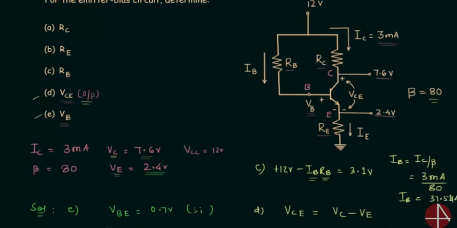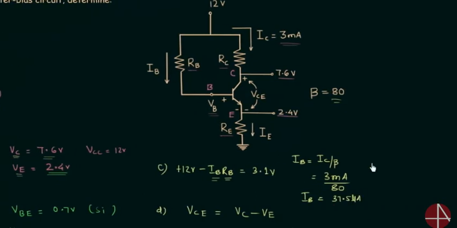Now we can calculate the resistance RB. RB is equal to 12 volts minus 3.1 volts divided by 37.5 microamps. So the resistance RB is equal to 237.4 kilo ohms.